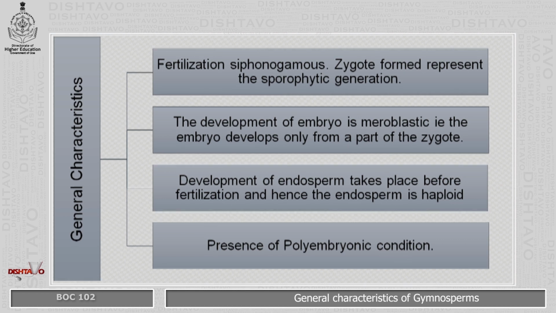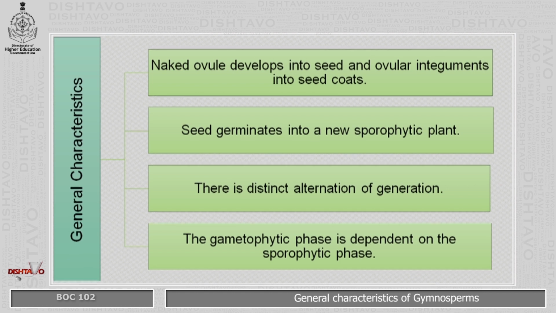And in case of gymnosperms, the seed may show more than one embryo, and so the condition is called the polyembryonic condition. Now the ovules are naked. They develop into the seed after fertilization, whereas the integuments of the ovule develop into the seed coat.